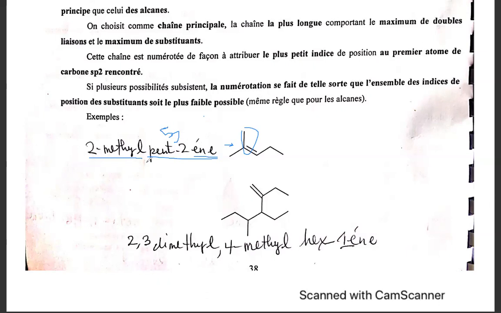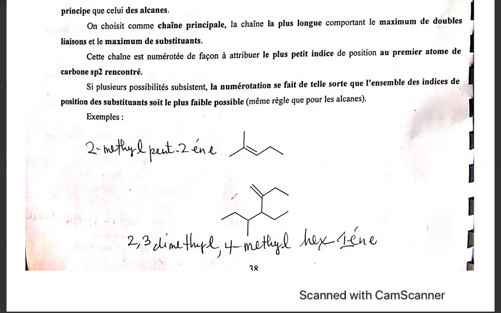So therefore, the name for this organic compound would be 2-methylpent-2-ene. Any questions on this one? Okay, if there are no questions, we go to this one.